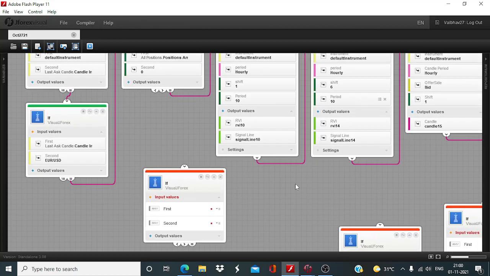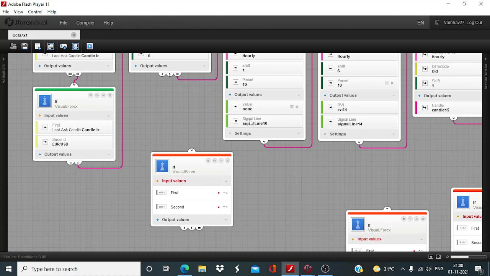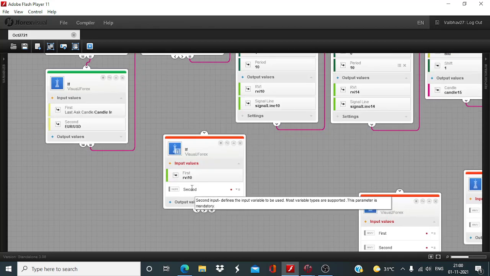And I think if we don't do the direct comparison, that will also work. We simply have to make sure that the RVI 10 is currently below 0. So I will use this method of comparison.